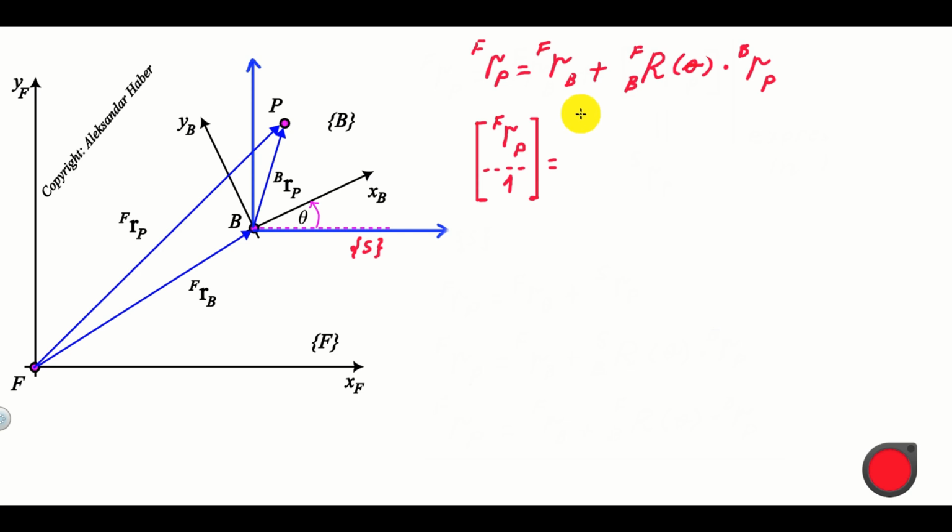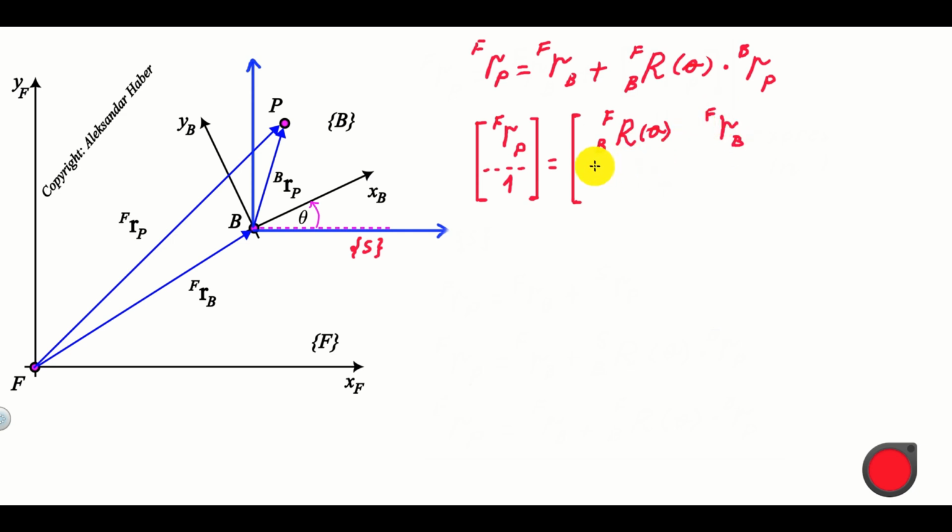Then, on the right-hand side, we will first have our matrix, and this is our homogeneous matrix, and we will have R, B to F of theta. Then we will have over here this translation vector as a new block RBF.